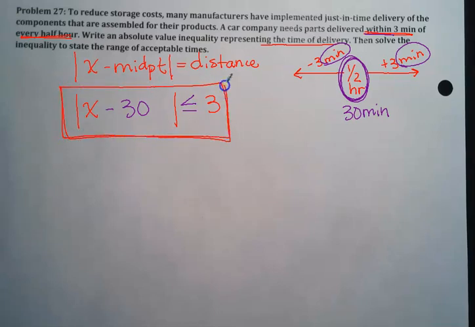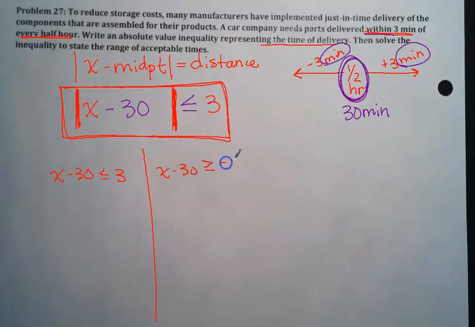Now we need to solve it. Is the x isolated? No, it's not. So we say x minus 30 is less than or equal to 3, and x minus 30 is, flip the sign, greater than or equal to negative 3.